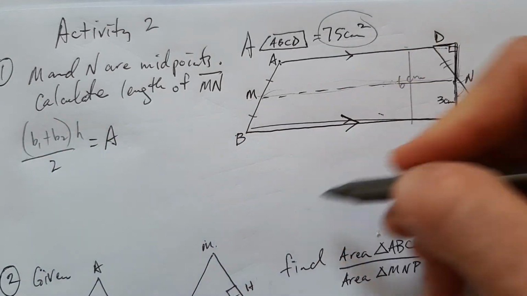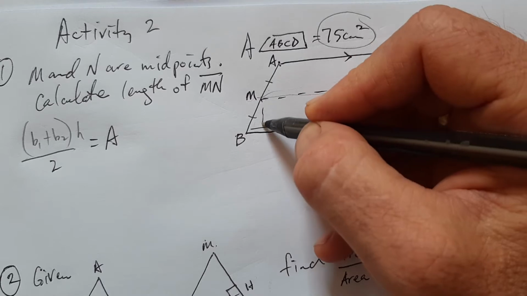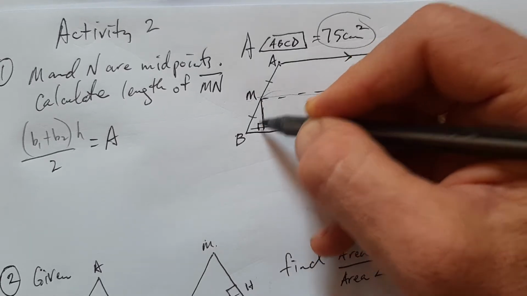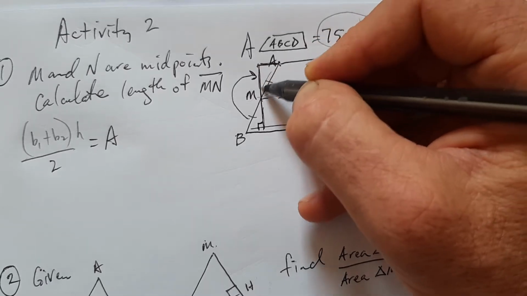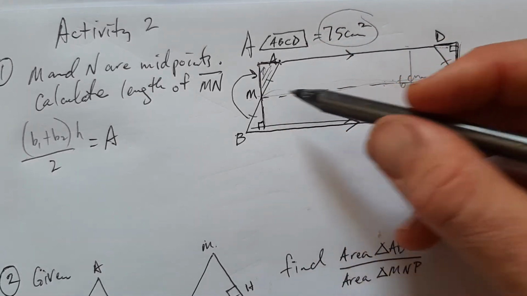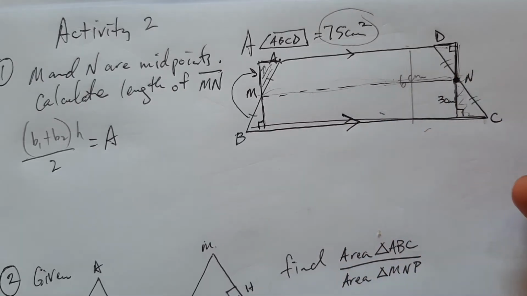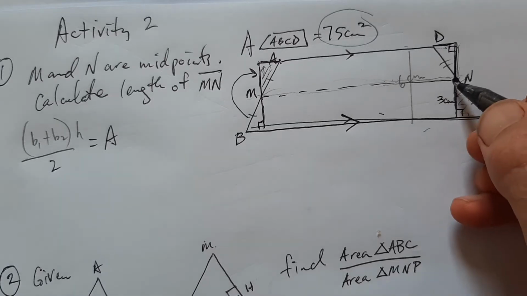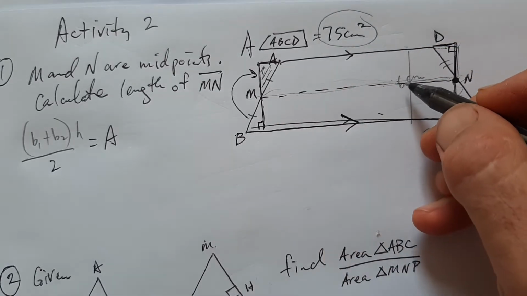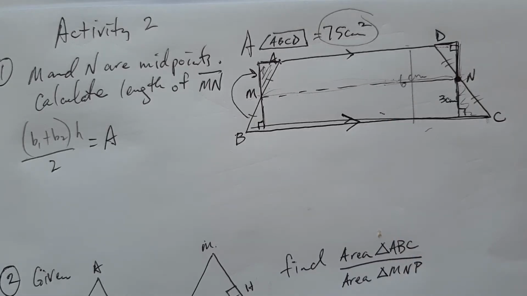There's my end, point N, and if I take this part down here and sling it up here, then now I have a rectangle whose base is MN. So MN times 6 should equal 75. Does that make sense? I hope.